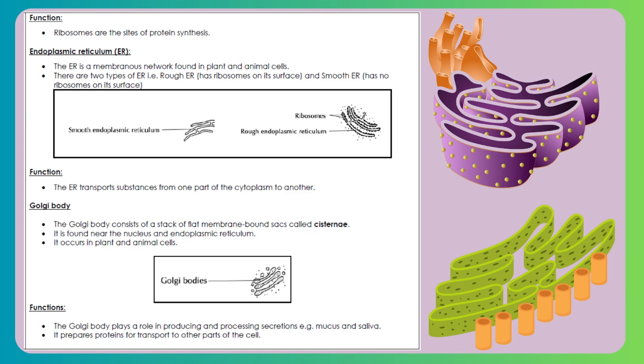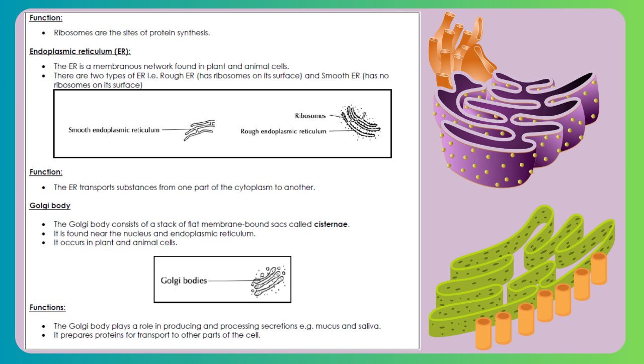Ribosomes are the sites of protein synthesis. Endoplasmic reticulum, ER. The ER is a membranous network found in plant and animal cells. There are 2 types of ER, i.e. rough ER has ribosomes on its surface, and smooth ER has no ribosomes on its surface. Function. The ER transports substances from one part of the cytoplasm to another.